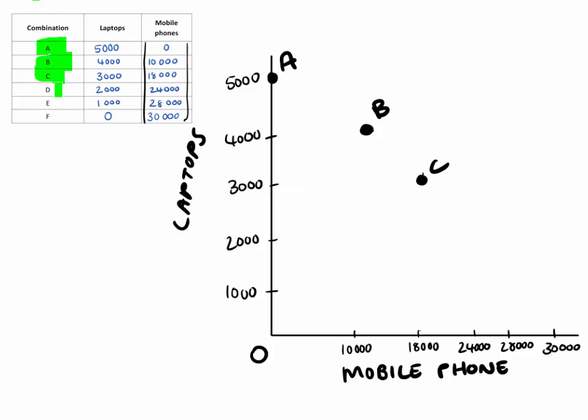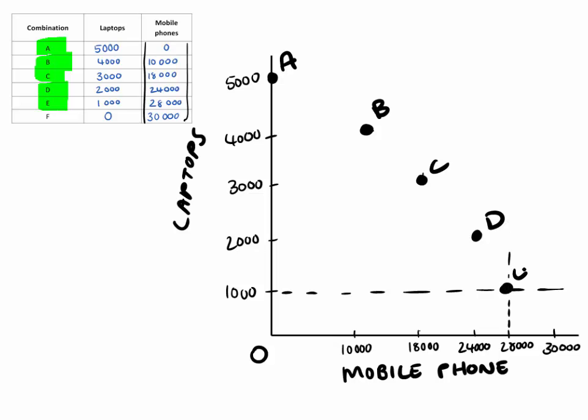Now at point D, I produce 2,000 laptops and 24,000 mobile phones. And here's 24,000 mobile phones. So there's point D. Then at point E, I produce 1,000 laptops and 28,000 mobile phones.